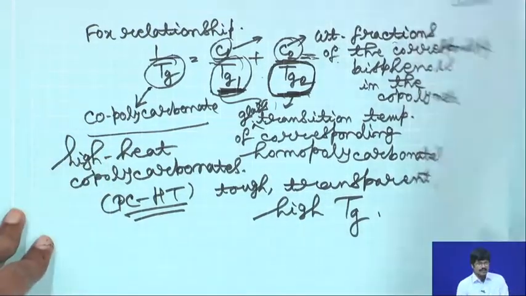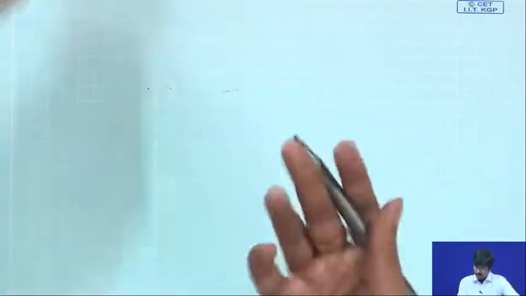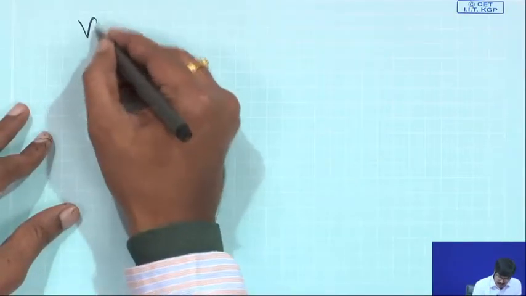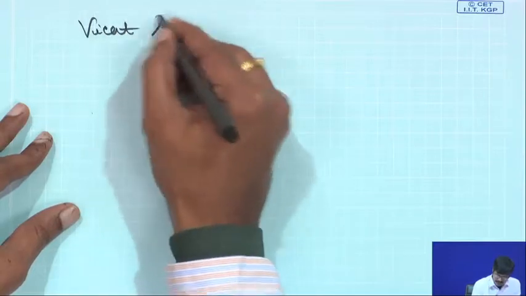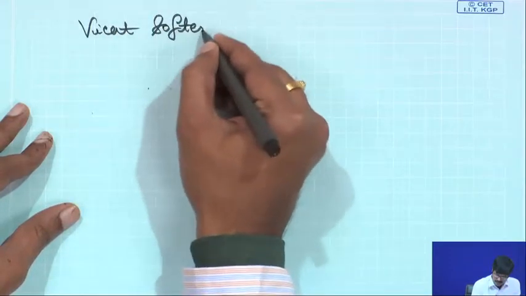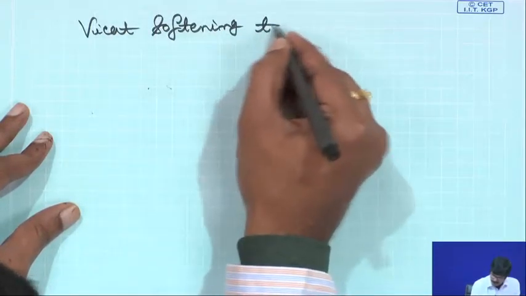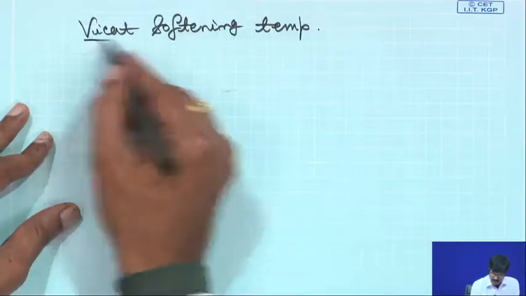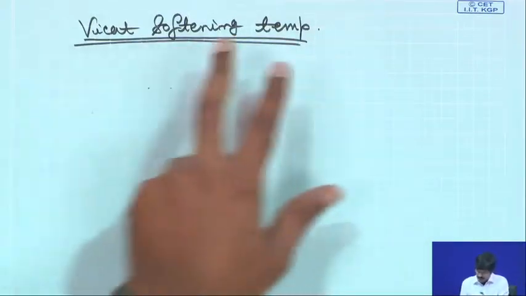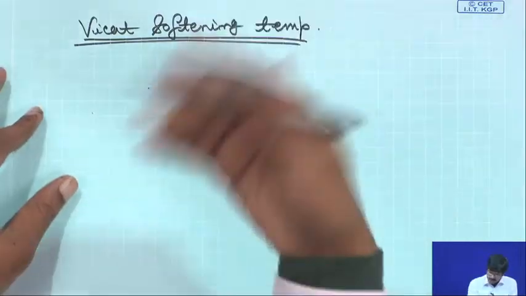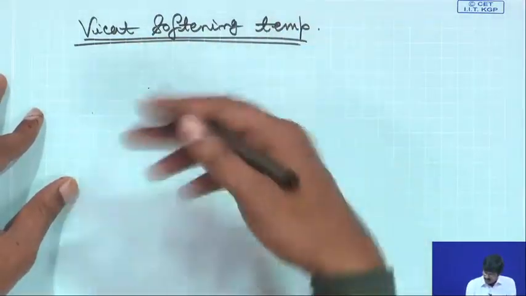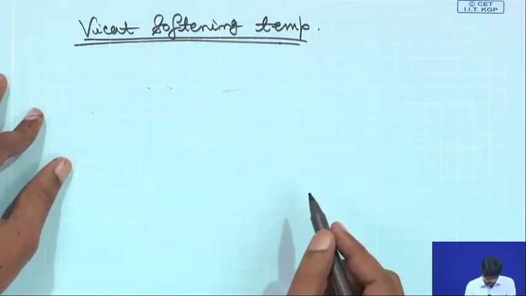As a matter of fact, the commercially available products that reflect the technical requirements are usually expressed by what you call the Vicat softening temperature. So, their utility is usually expressed by this Vicat softening temperature, which is directly related to the amount of co-monomer present in the system.